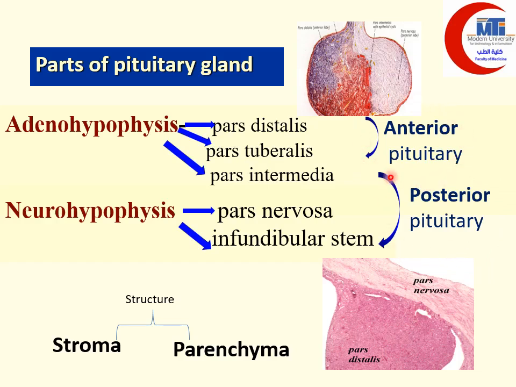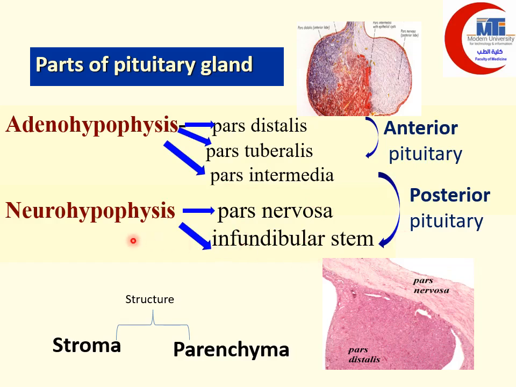Anterior pituitary includes pars distalis and pars tuberalis only, as pars intermedia lies posterior to the Rathke pouch. It is related to the posterior pituitary. So posterior pituitary includes pars intermedia, pars nervosa, and infundibular stalk.